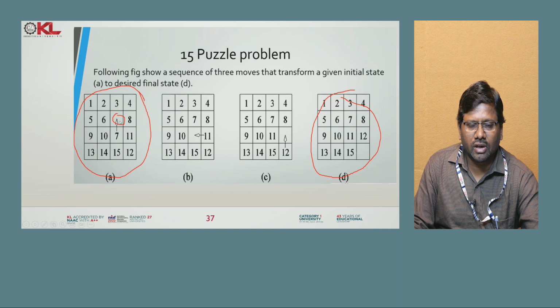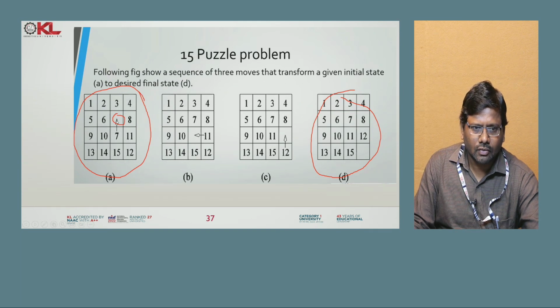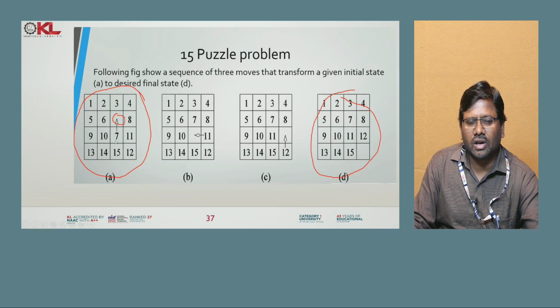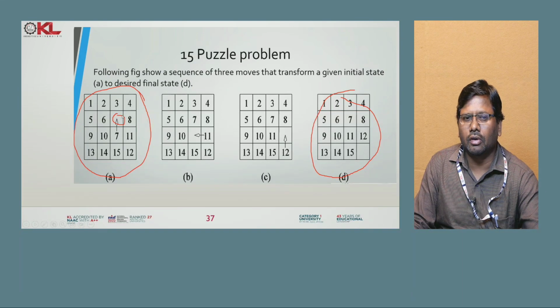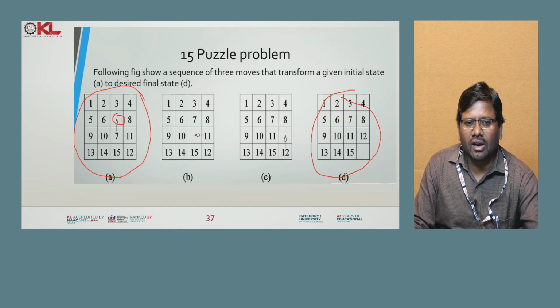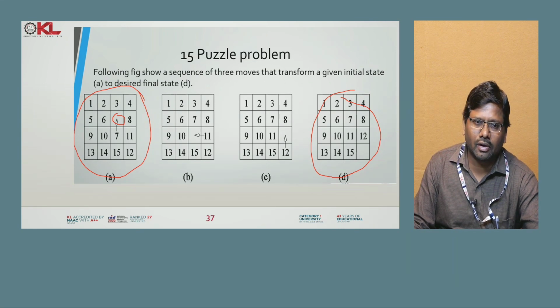Here there are four possibilities: we can move the free space towards right, left, upward or down. That means for every free space there are four different subtasks, and for each subtask again there are four different moves.